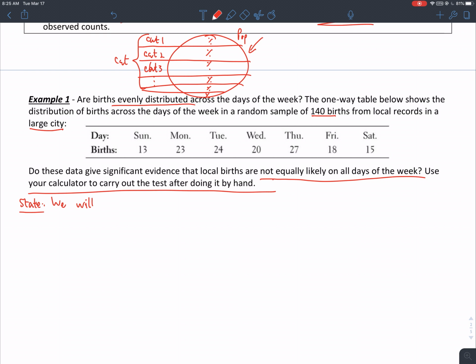we will perform a test of, let's write our hypotheses.